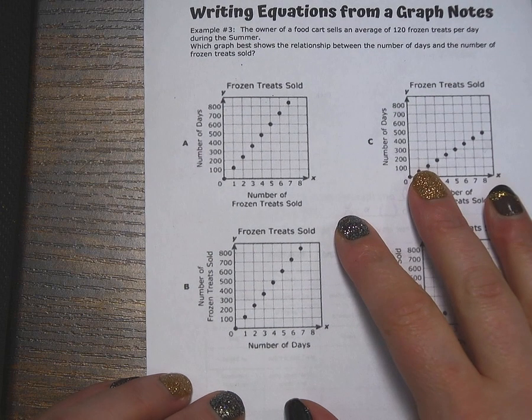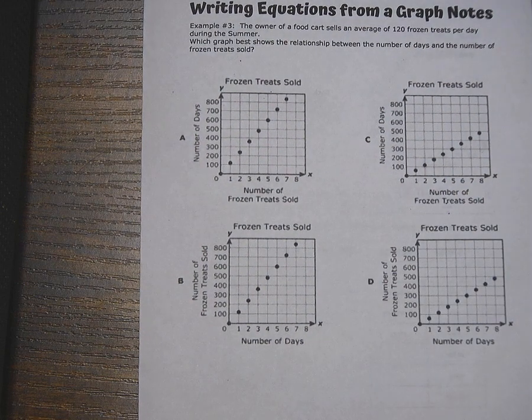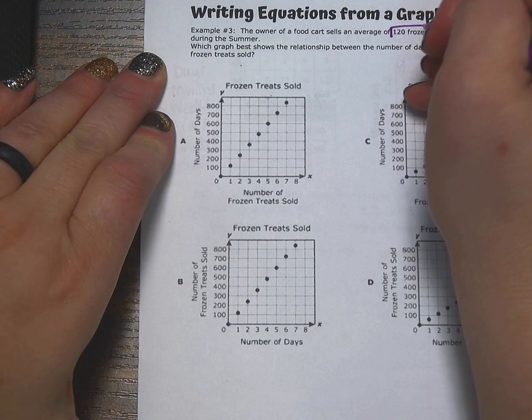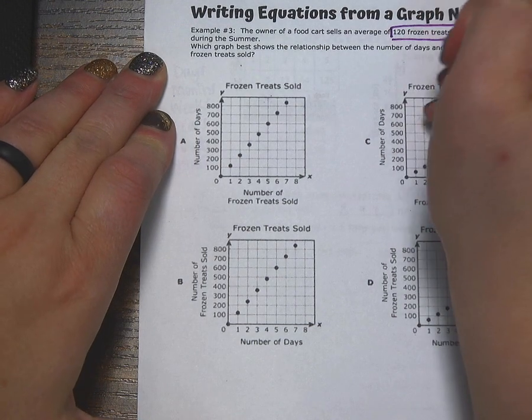So example 3 says the owner of a food cart sells an average of 120 frozen treats per day during the summer. Which graph best shows the relationship between the number of days and the number of treats sold? So the first thing that I'm going to see is 120 frozen treats per day.